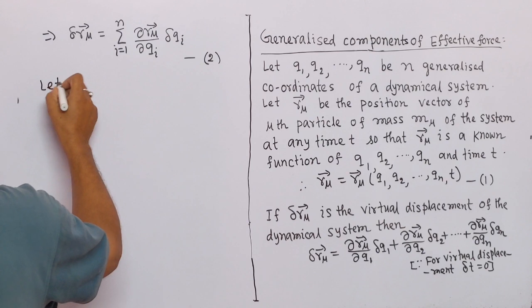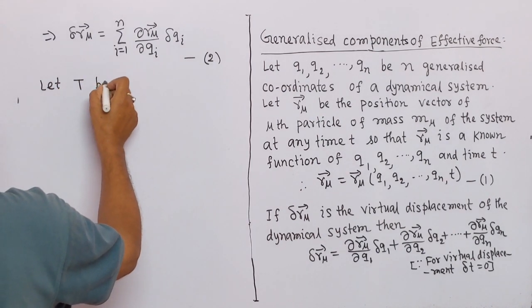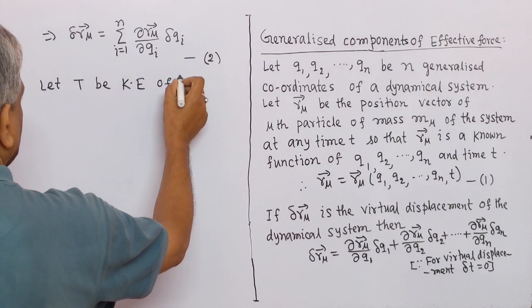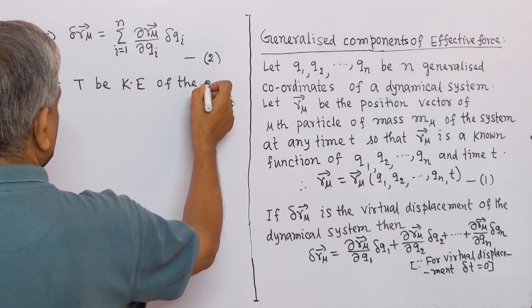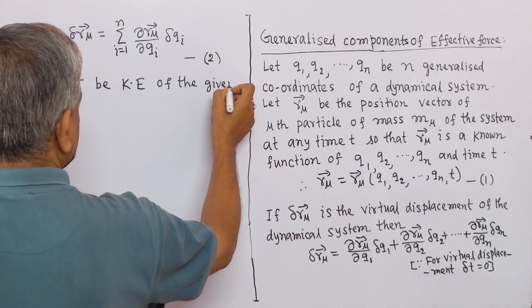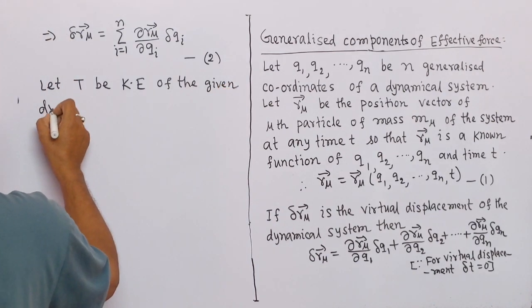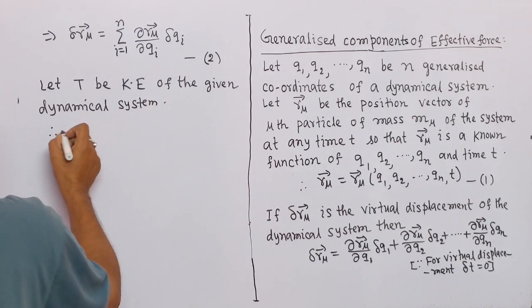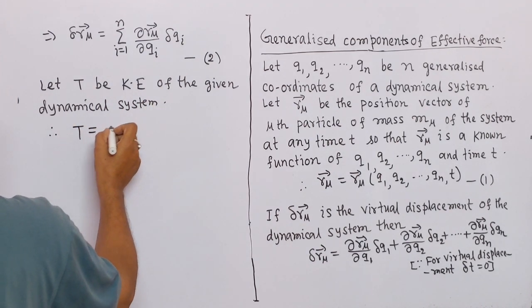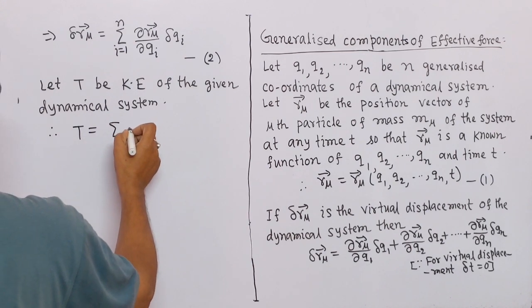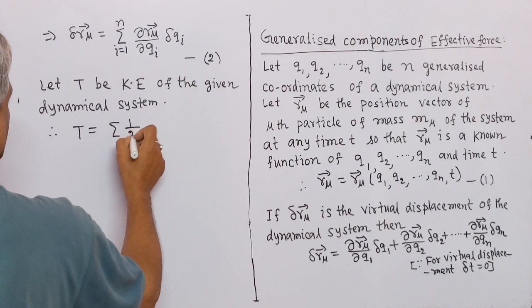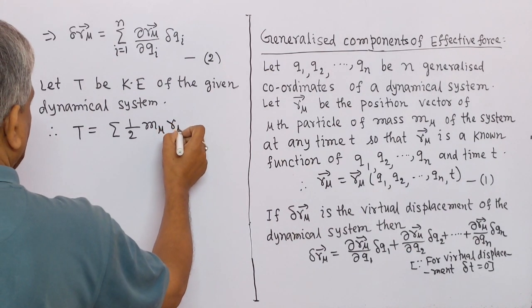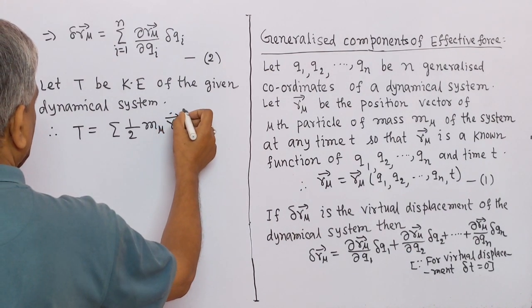Let T be the kinetic energy of the given dynamical system. Therefore, T equals sigma half m mu r mu dot square.